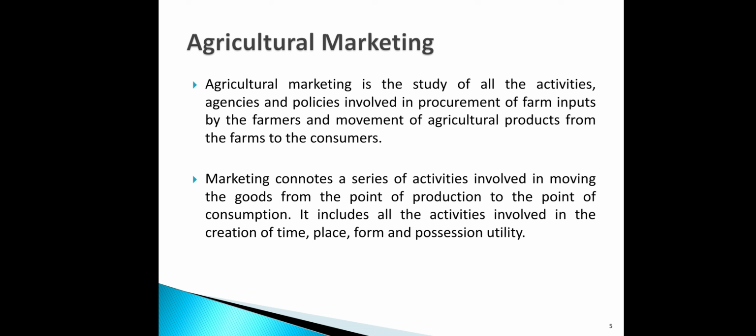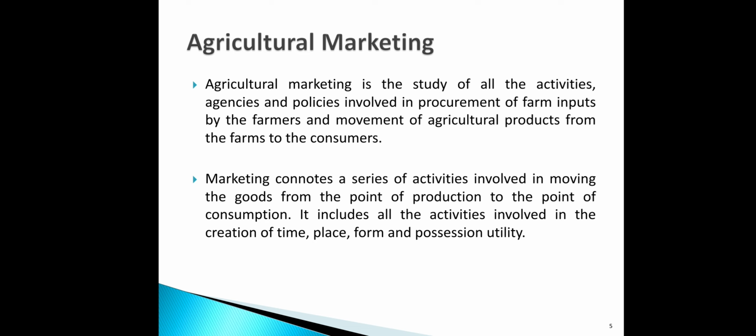The first side is procurement of raw material. So procurement or buying of all raw material, not only raw material, we can say procurement of farm inputs, all the inputs required for production. So whatever activities are involved in procuring inputs, plus whatever activities are involved in marketing the product produced by the farmer, both together we can call agricultural marketing.